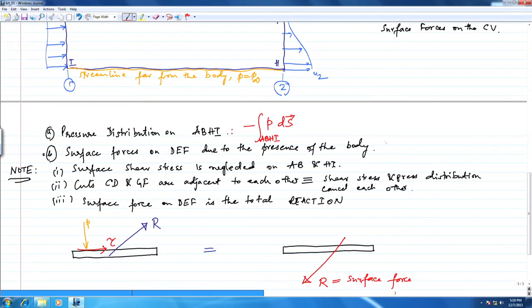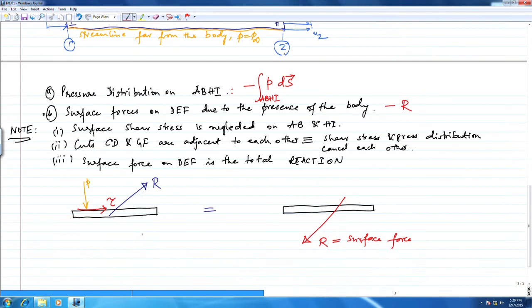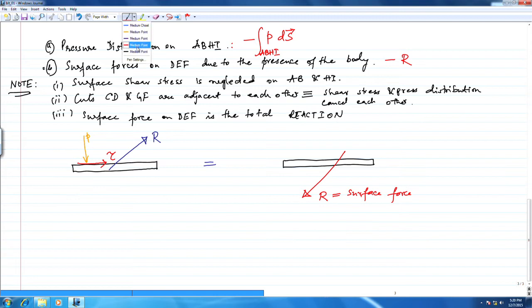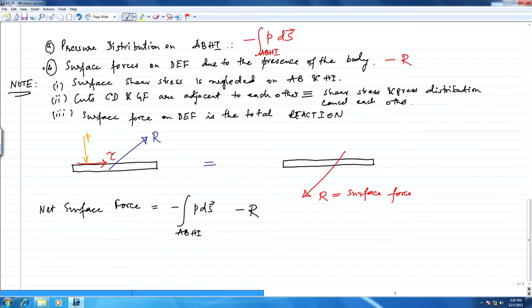The surface force essentially I can write as minus R, because this is acting opposite to this R. So, what I am going to write now is that the net surface force is equal to what we just did, ABHI, minus R, where this R is essentially over DEF. So, ABHI and DEF.